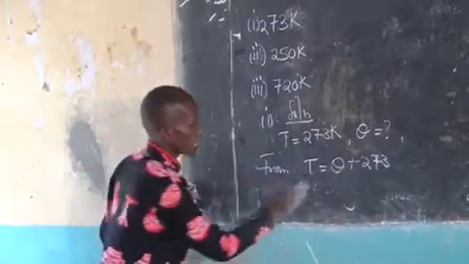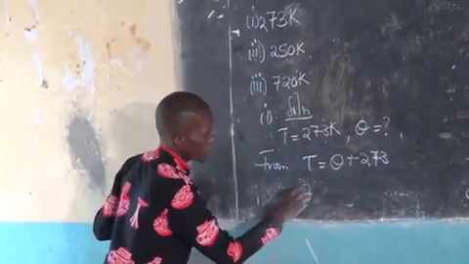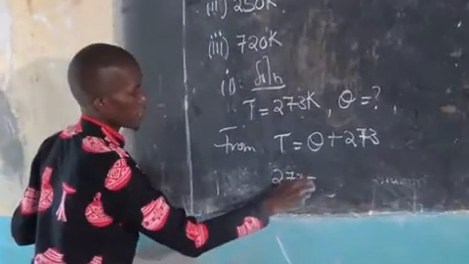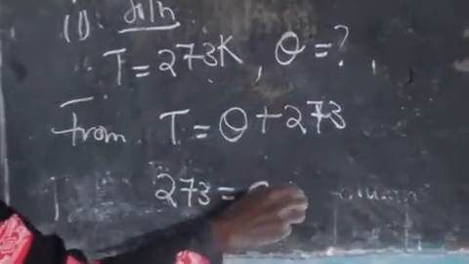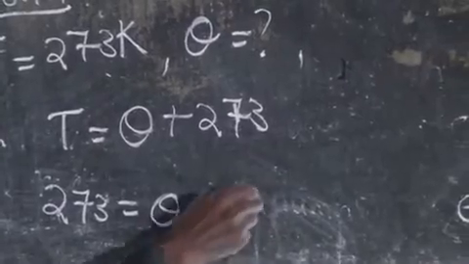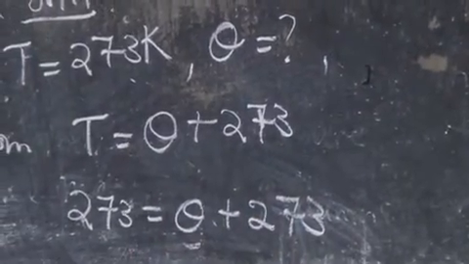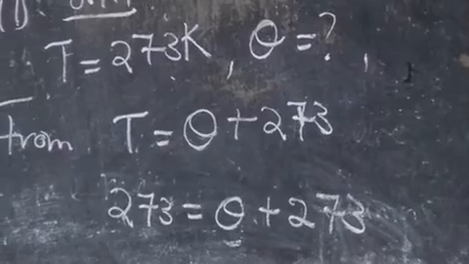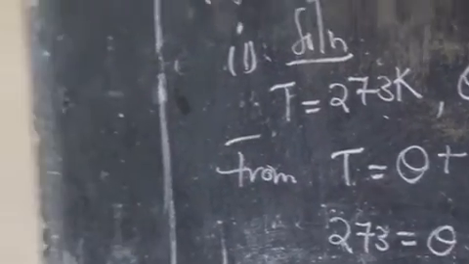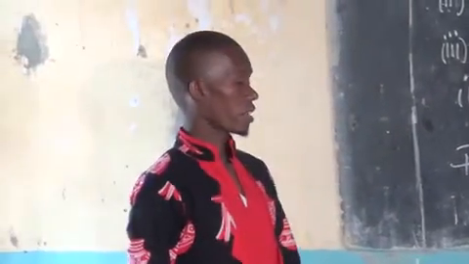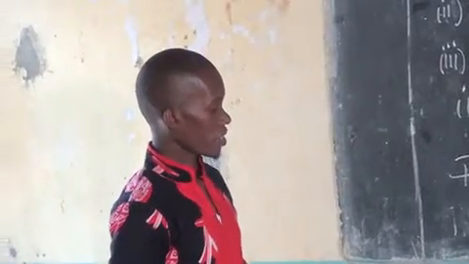Here I have 273 is equal to theta plus 273. We are going to collect like terms, subtracting.